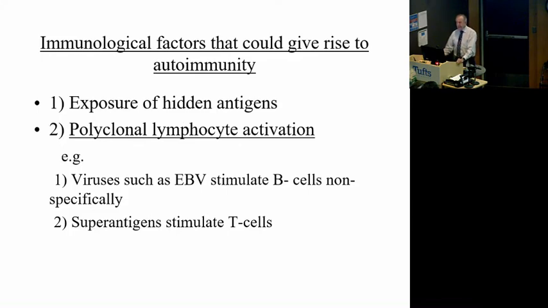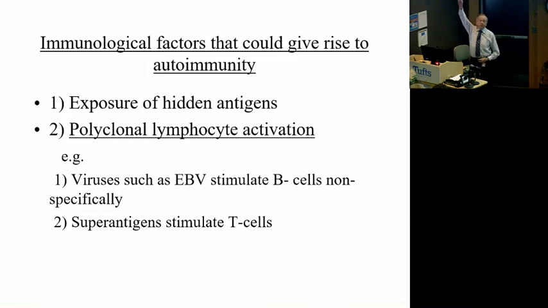A second immunologic factor is that when you get infections, you get stimulation of lymphocytes, multiple lymphocyte clones. So a virus such as Epstein-Barr virus, EBV, stimulates B cells non-specifically. When you've got infectious glandular fever, due to EBV, all your B cells are being activated.